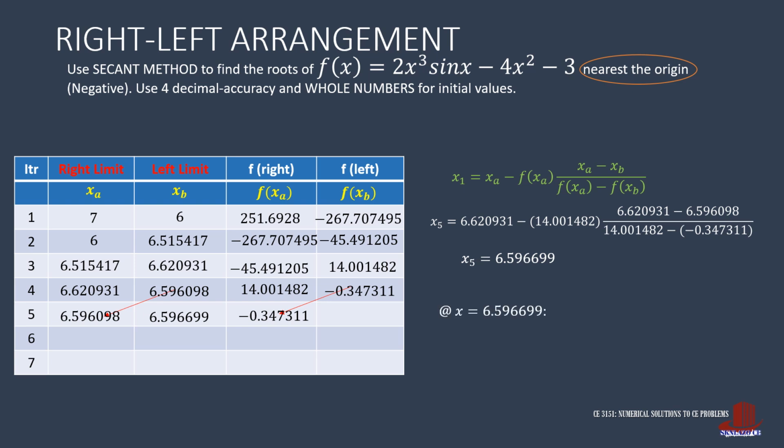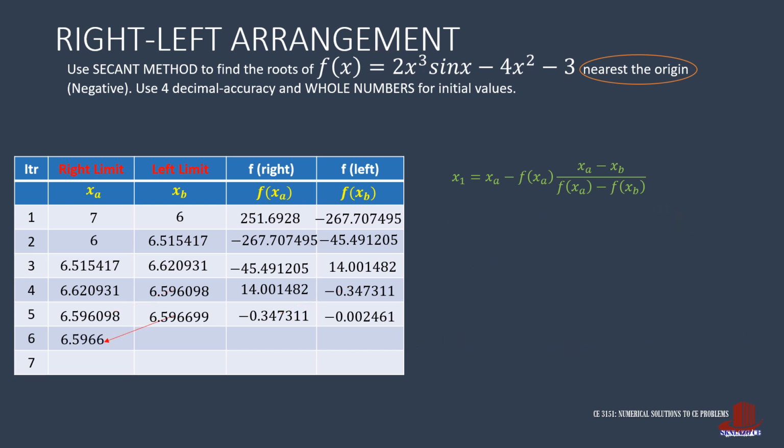By plugging this value, we get f of x as twice of the cube of 6.596699 times sine of the same figure, minus 4 of the square of 6.596699 minus 3, which results to negative 0.002461. The last column shows that we already have 2 decimal zeros, so we are near the end of the iteration.